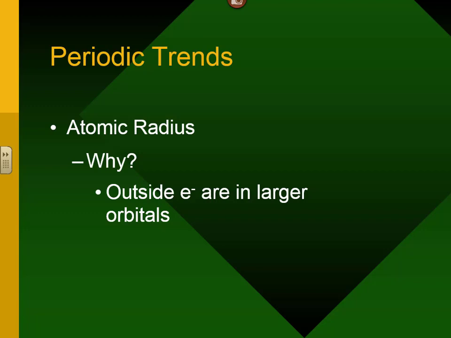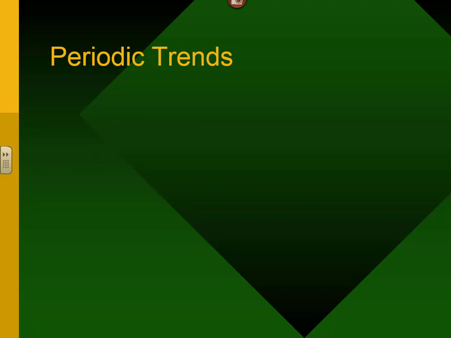Outside electrons are in larger orbitals and higher principal energy levels. And overall, that makes your size bigger.